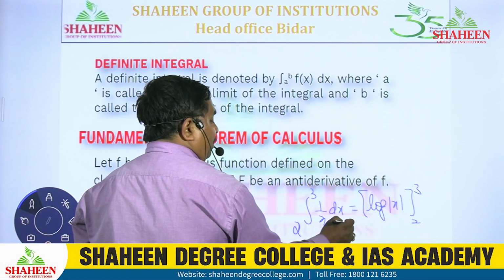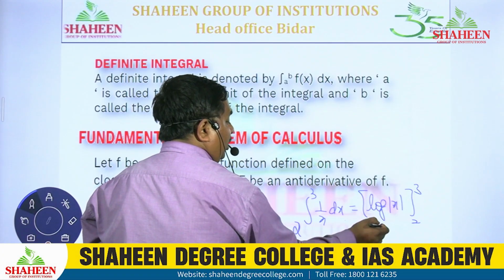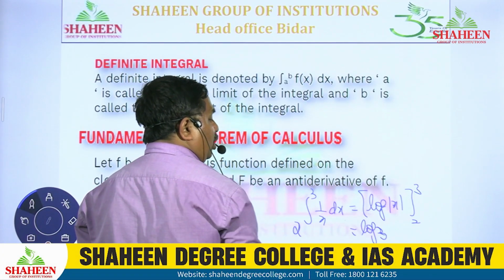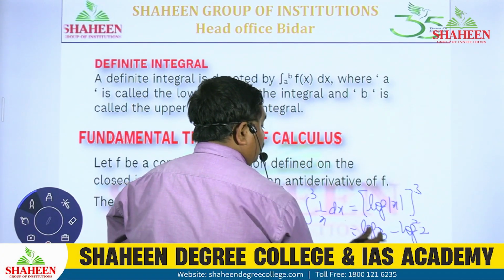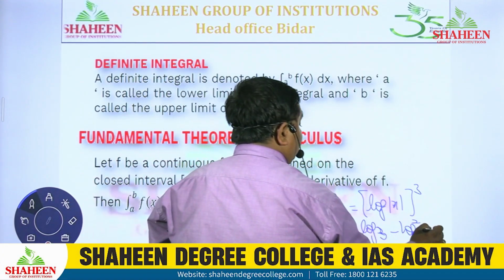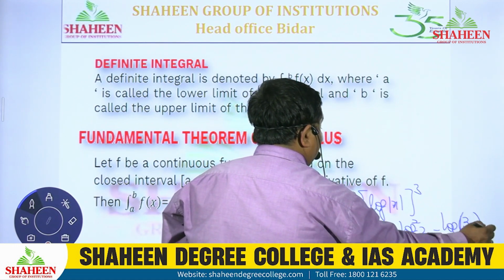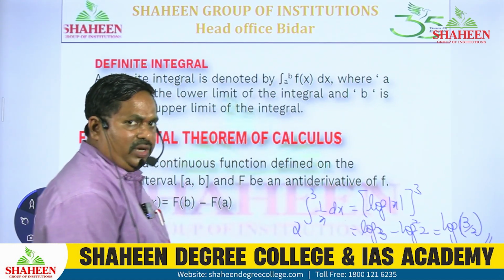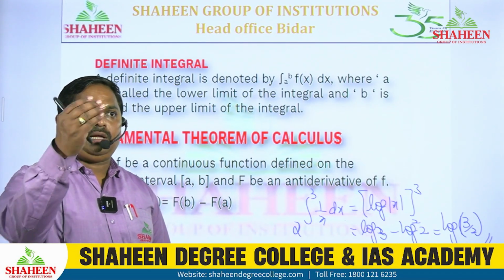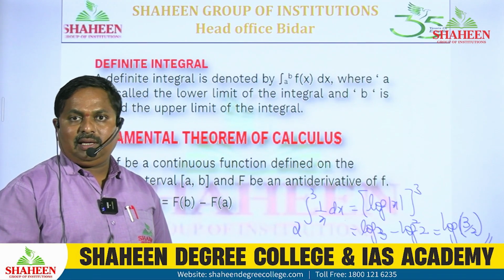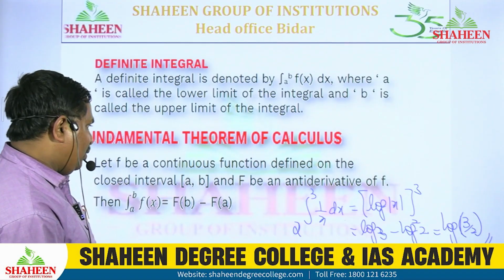First we take the upper value: in place of x we substitute 3, that is log 3, and next minus the lower value, that is log 2. We know that log 3 minus log 2 is log 3 by 2. This is our answer. First we integrate as normal, and then we substitute the upper value minus the lower value. Clear? That is the fundamental theorem of calculus.